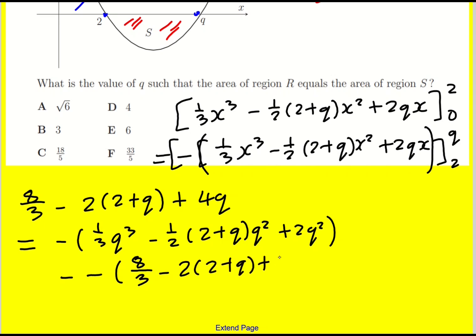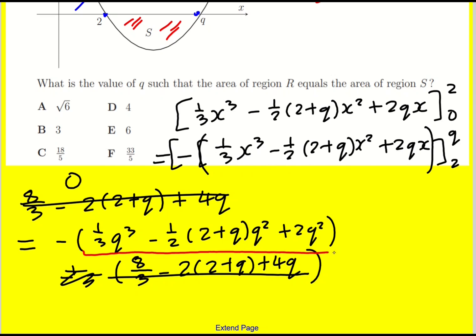This looks pretty complicated, but hang on a sec. This ends up becoming a plus, and actually these then cancel out. So this just becomes 0. And therefore, basically this is then 0. I can get rid of the negative, and we've got ourselves a cubic to solve.